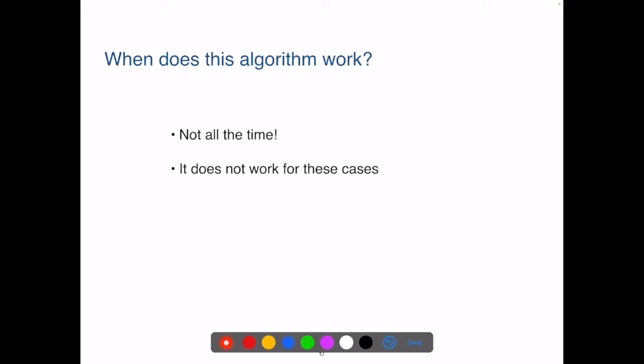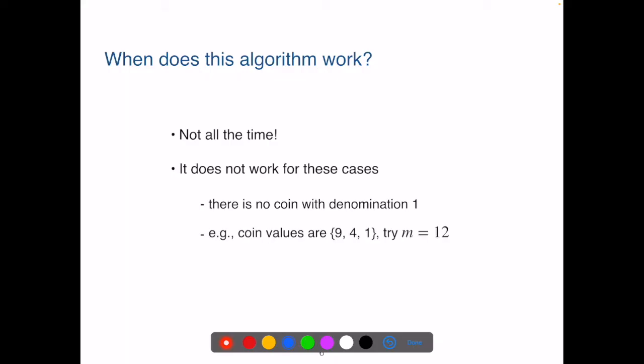For the Canadian coins, it appears to be working. However, for cases when there's no coin with the denomination 1, for sure the algorithm won't work. Another example here is when the coin values are 9, 4, 1, for instance. Given the target value 12, the greedy algorithm will take a 9 first and will have 3 cents left.